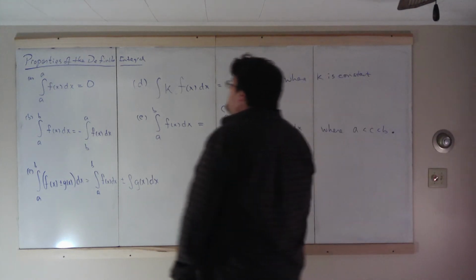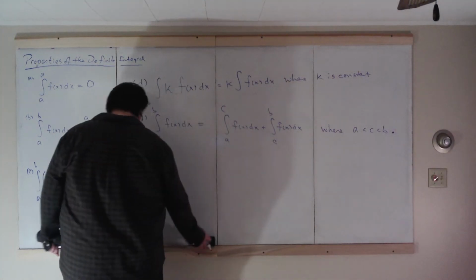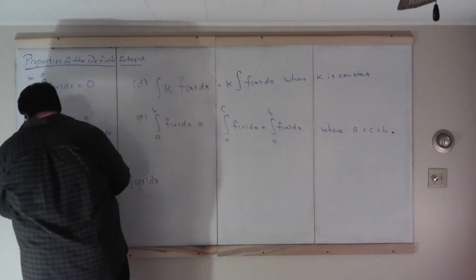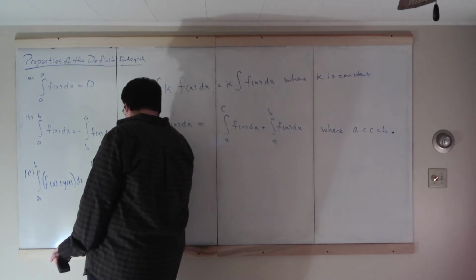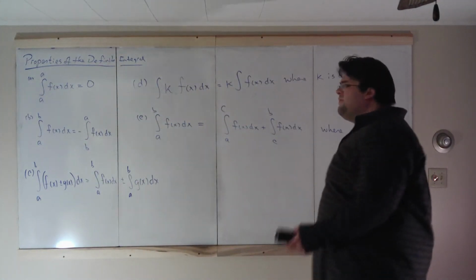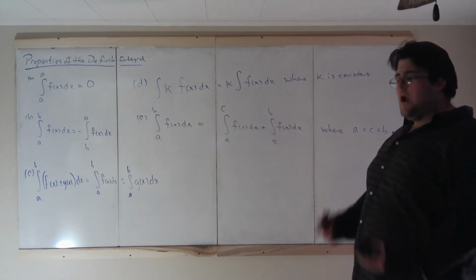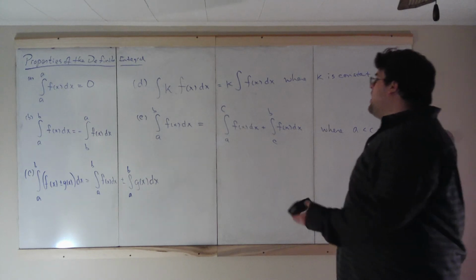Next, the next two, C and D. That's a C, that C looked like an E. C and D parallel the limit properties, and these two follow from limit properties. The limit of the sum splits, and the constant in front of the limit comes out.